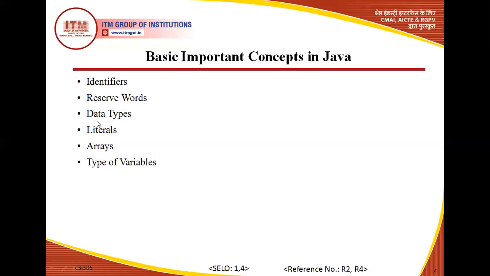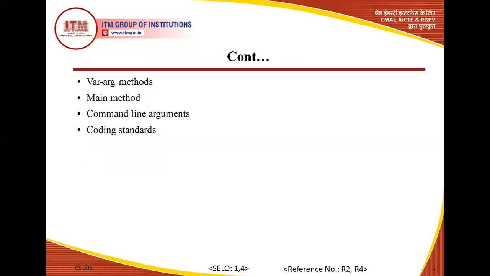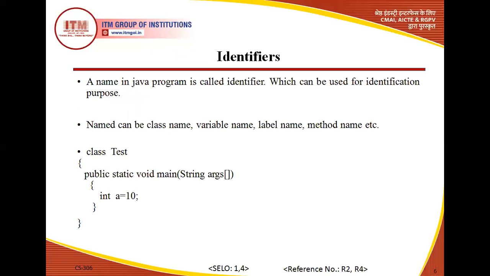Then we have literals, arrays, and the different types of variables allowed in Java. Next we have var-arg methods, then the main method, where main is in lowercase because Java is case sensitive, then command line arguments and some coding standards. These are the things we want to cover in coming sessions. So let's begin today with identifiers.